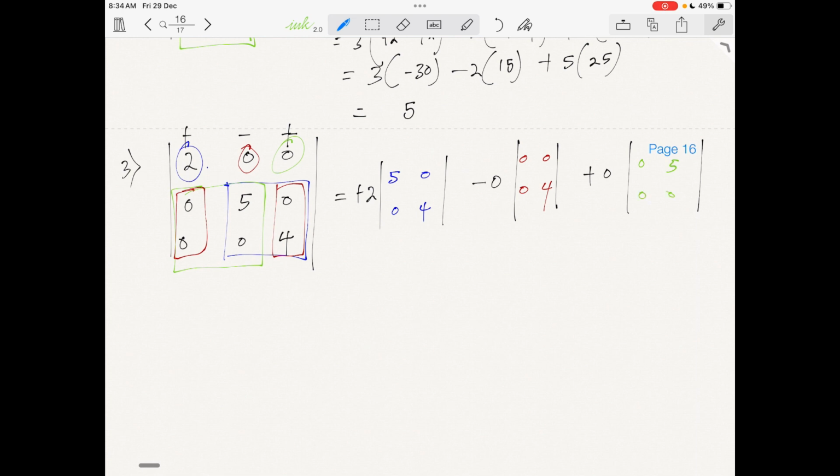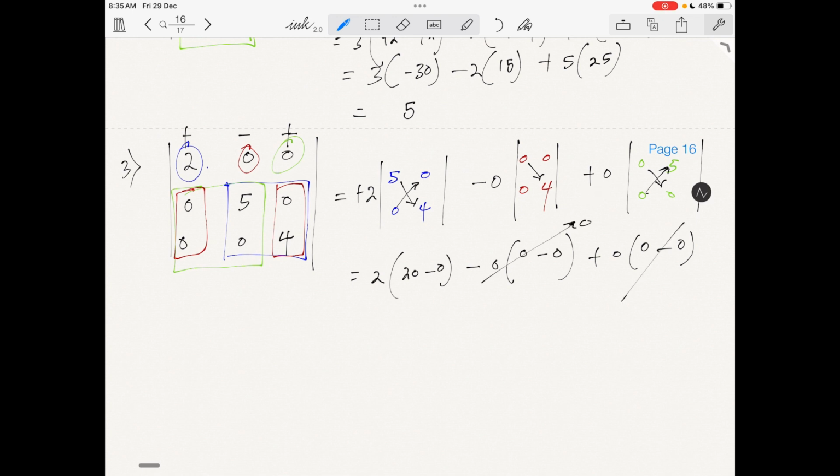So in that case, we have 2 times the leading diagonal, which is 20, minus the following diagonal, 0 times 0, minus 0 into 0 times 4, plus 0, minus 0 plus 0 into 0, 0 times 5 is also 0. Now you can see that everything here tends to 0 and everything here tends to 0. So we are left with 2 times 20, and our answer is 40.